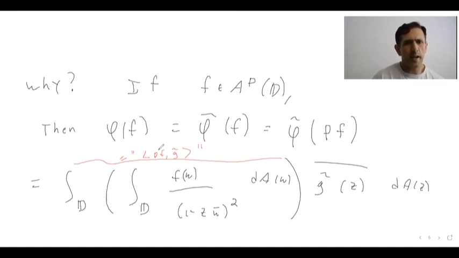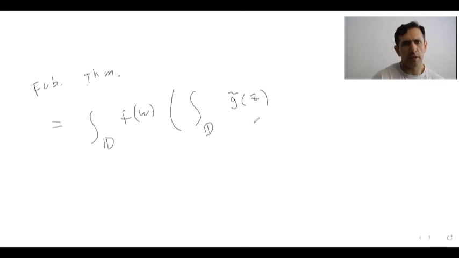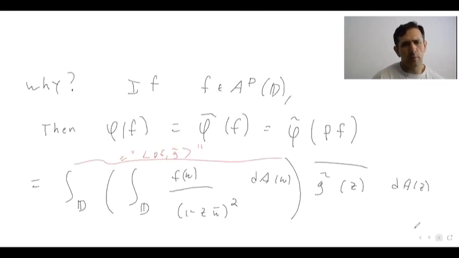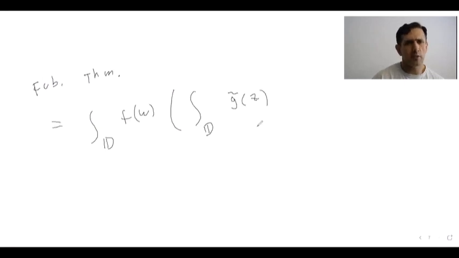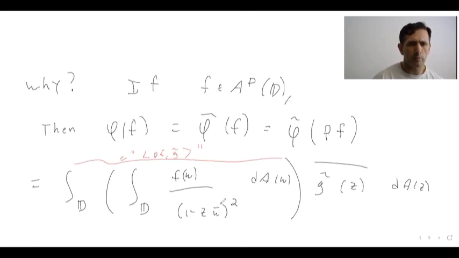So it's reasonable to think that I can just move the P over, and that's literally what Fubini's theorem says. When we're dealing with a Hilbert space, you don't have to use Fubini's theorem because it's an orthogonal projection. So Fubini's theorem says this is going to be, with a bar here, 1 minus, well, we take the complex conjugate of this here, it's w z bar.